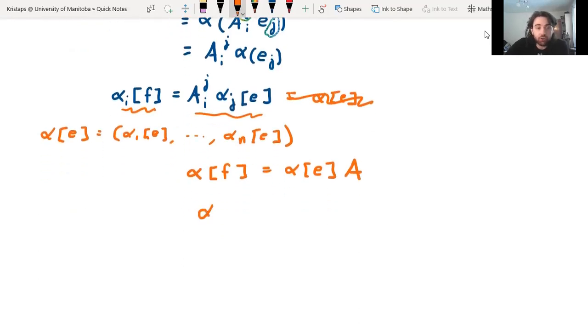So in other words, if we take our basis E and transform it by some matrix A, we now have the overall effect of multiplying by A on the right.